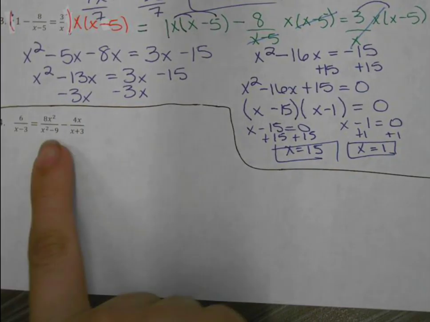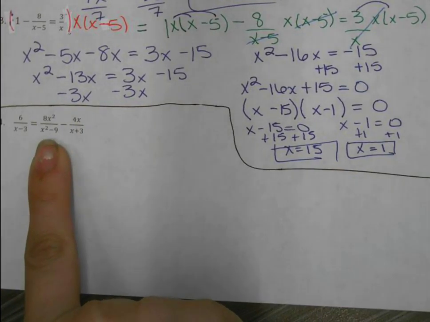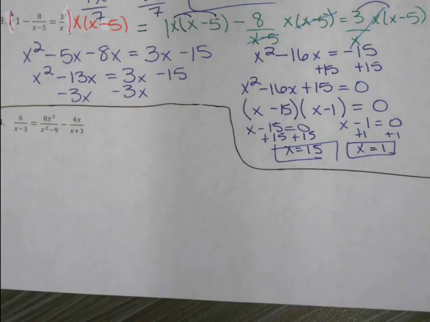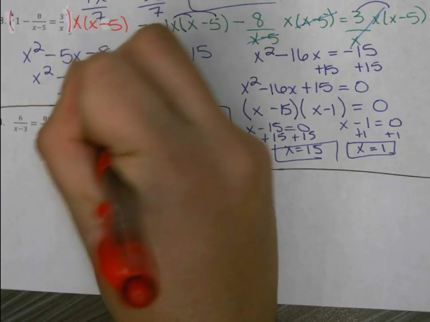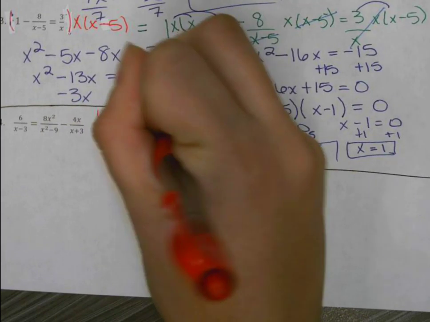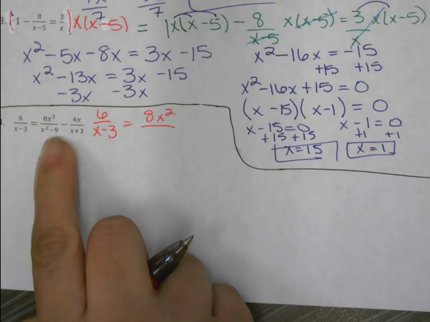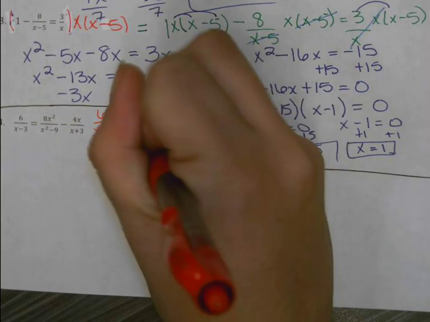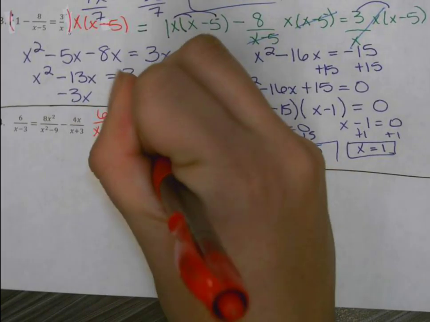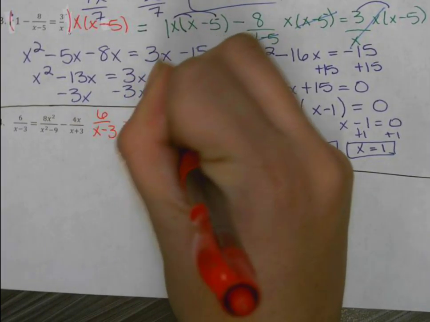So if I take a look, this one, I can factor it. So I'm going to rewrite this, but just factor that one. So I have 6 over x minus 3 equals 8x squared. What multiplies to negative 9 and adds to 0? Yeah. So I have an x plus 3 and an x minus 3 already on this one.